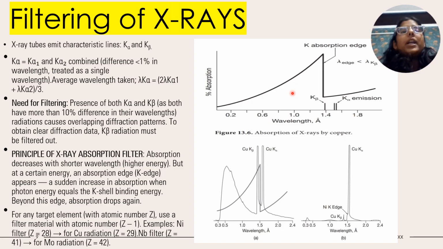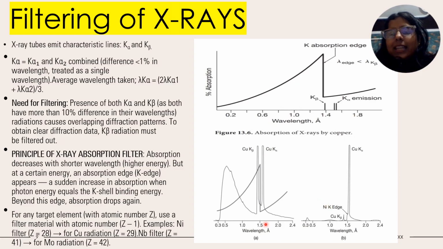For example, in a copper absorber, in which the target is a copper material, this jump occurs near 1.38. This is basically shown for a copper target metal. Now if we choose another material whose absorption edge lies between the wavelengths of K alpha and K beta of copper, it will absorb K beta much more strongly while letting most of K alpha pass through.